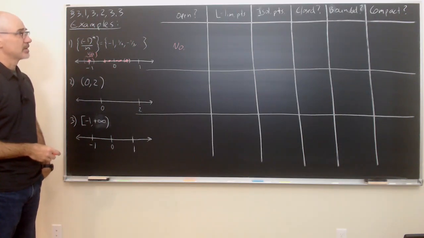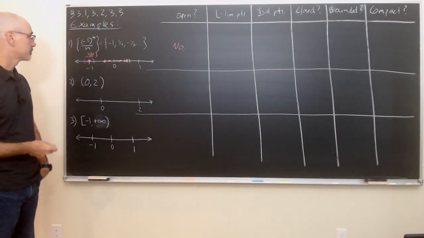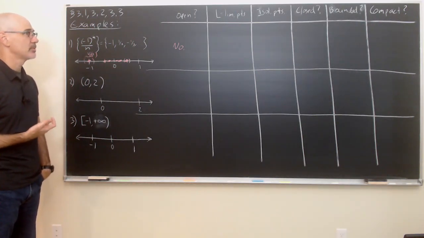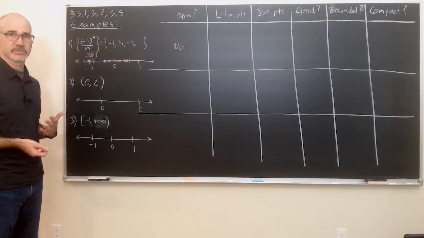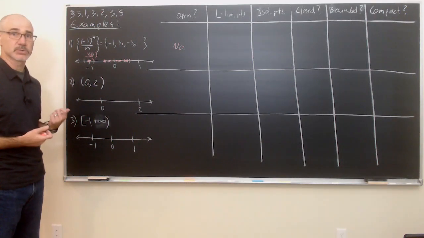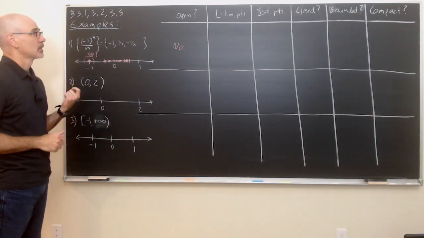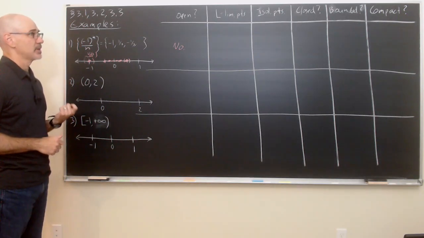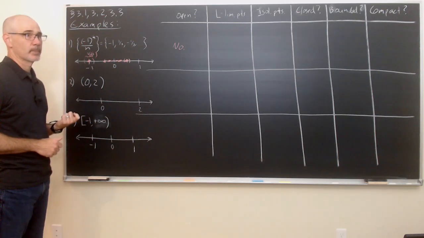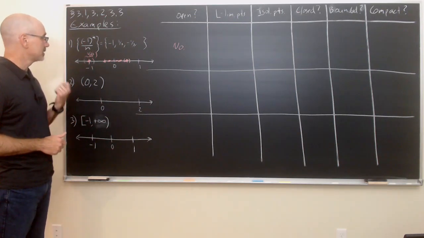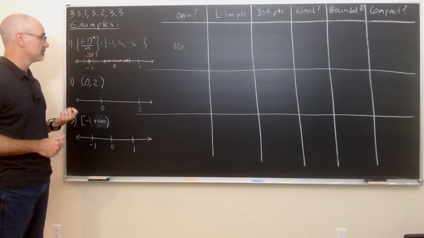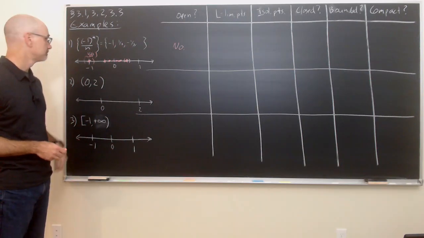Next up is to find the limit points of my set. Now, a crucial thing about limit points is they don't have to be members of the set, and that takes some getting used to. So a limit point is one where no matter what epsilon neighborhood we choose, the deleted epsilon neighborhood around the point has to intersect the set.